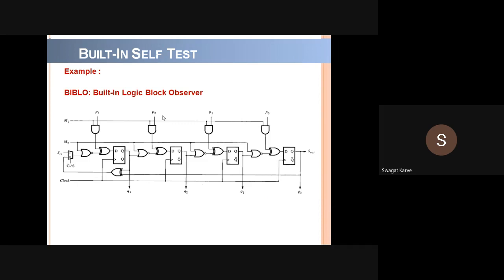Now the next type of circuit is a built-in logic block observer. Again, this circuit can serve different purposes, depending upon its mode. It has four modes of operation. Based on those modes, you can operate this circuit either in a normal mode, or you can reset it.